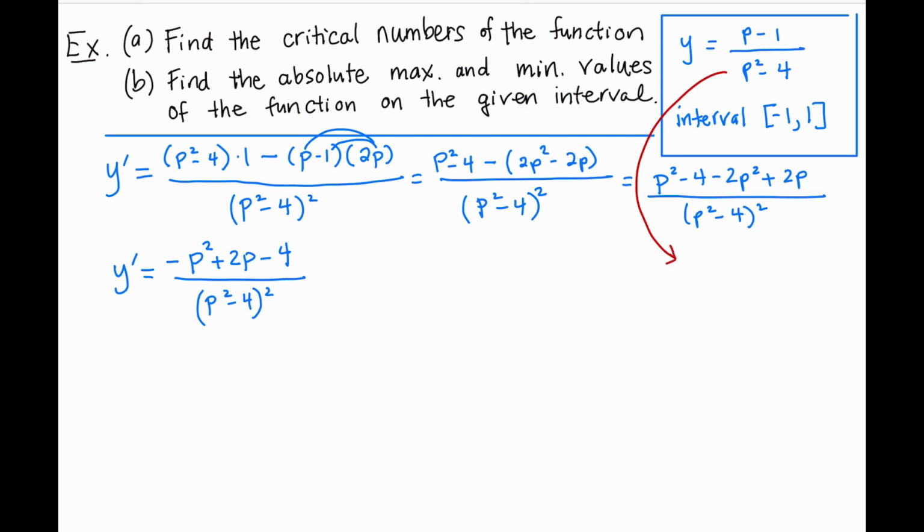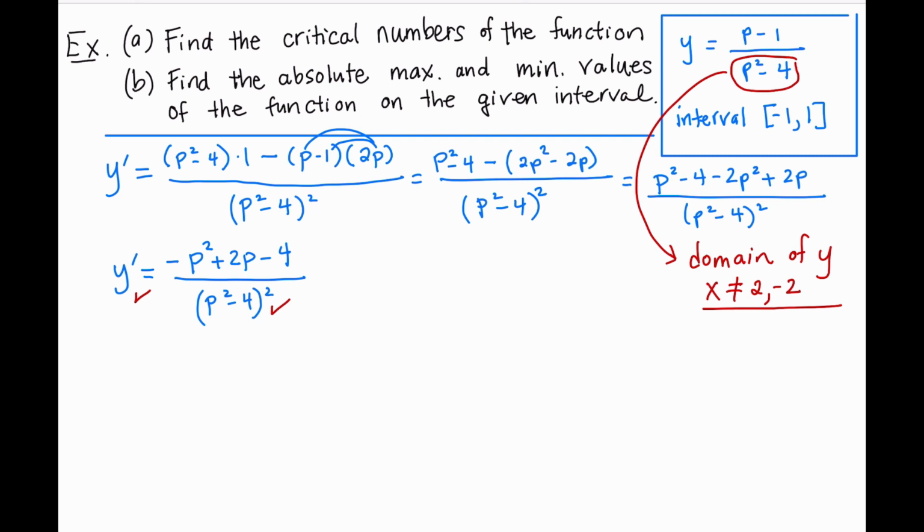The domain of y is the set of all real numbers except for 2 and -2, because when p is equal to 2 or -2, the denominator will be equal to 0. So these numbers would not be considered critical numbers technically because they're not in the domain. My derivative will also be undefined at 2 and -2, but technically those aren't critical numbers.